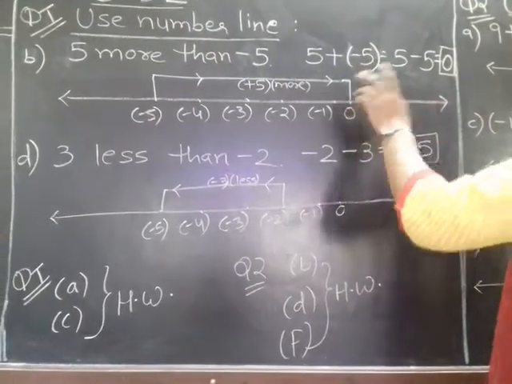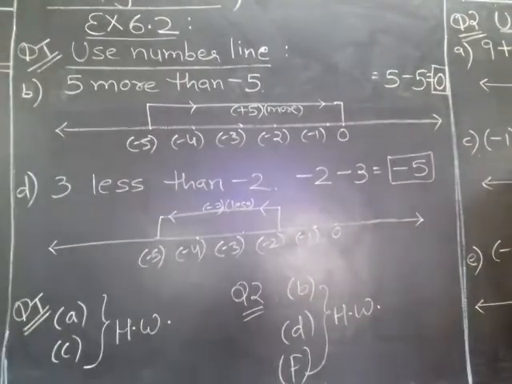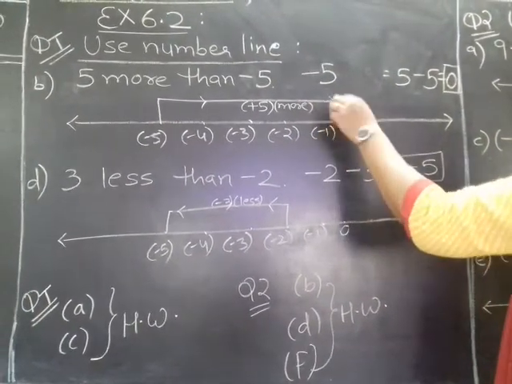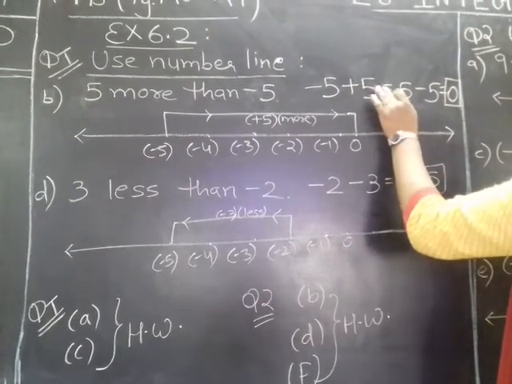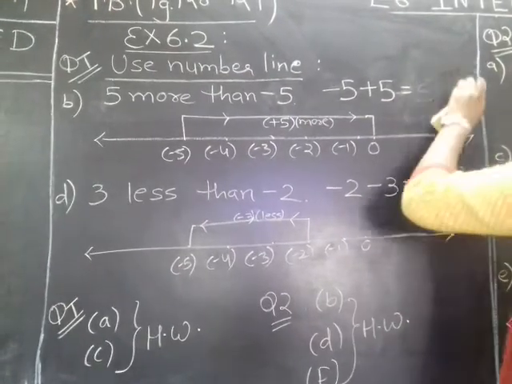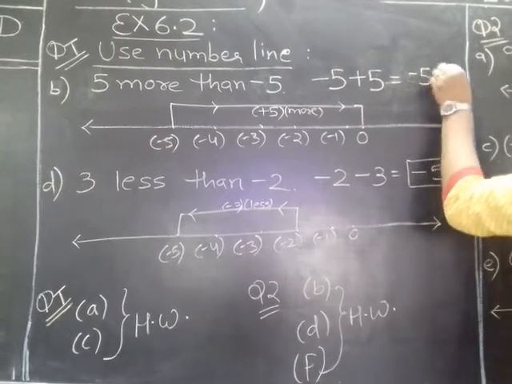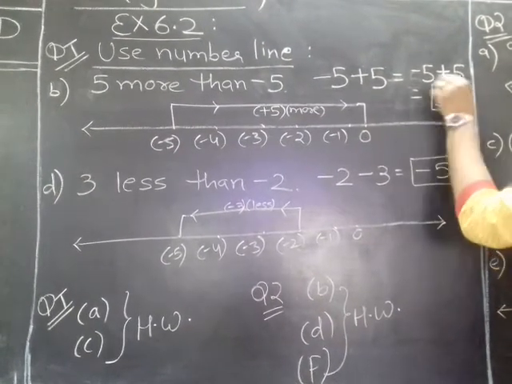So minus 5 we already have and we have to add 5 more. So now what will happen? First minus 5 will come, plus 5. The answer is going to be 0.